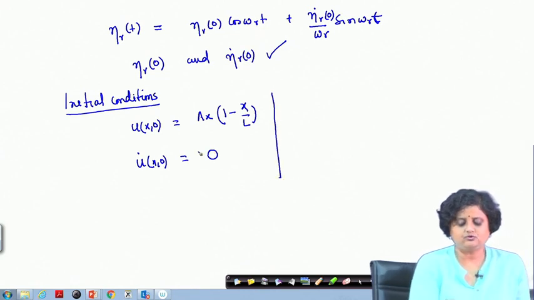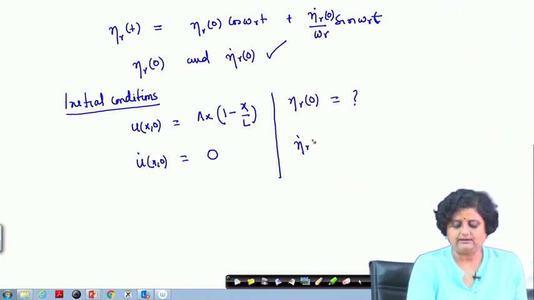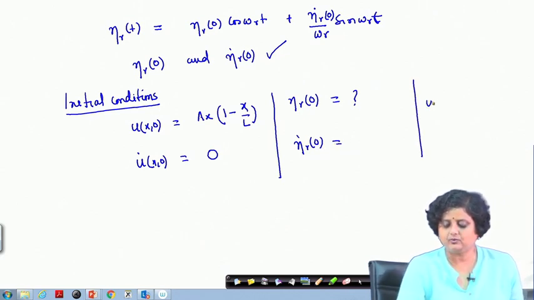So, from these two conditions we need to find out eta r 0 and eta dot r 0. What am I given? The relation between u x t and eta r is given by this summation.